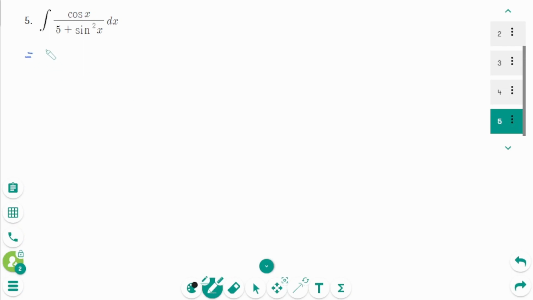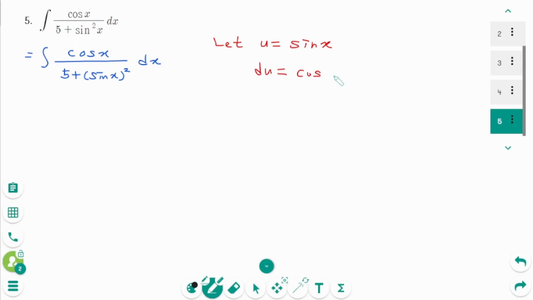Question 5, we can rewrite as the integral of cosine of x over 5 plus sine x squared dx. Let u equal sine of x, then derive on each side, du equals cosine of x dx. Change all x with u, the integral of du over 5 plus u squared.